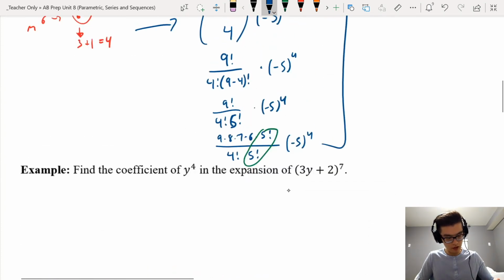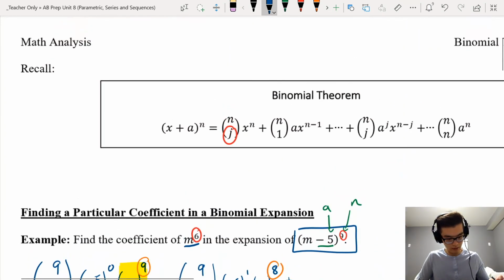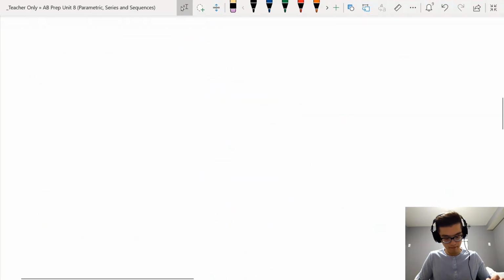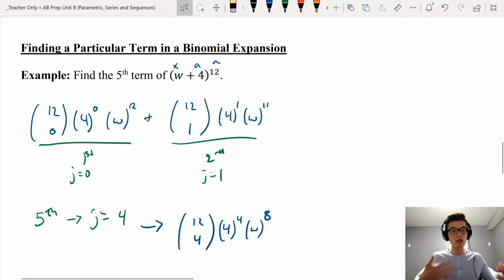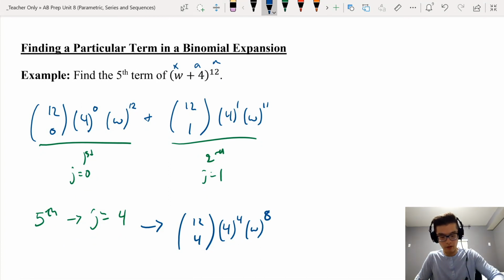And I believe that should be squared away. Let me just double check that. And minus j. Yep. And again, if you need a sanity check, go through it, right? The first term is when it's w to the 12. Second term is w to the 11. 10 is when it's the 3rd term. Counting down, 9 is when it's the 4th term, and 8 is when it's the 5th term.